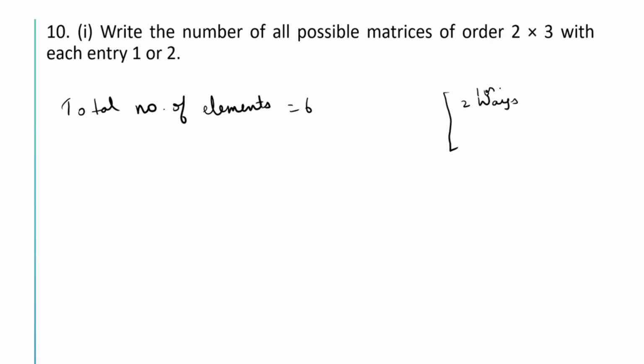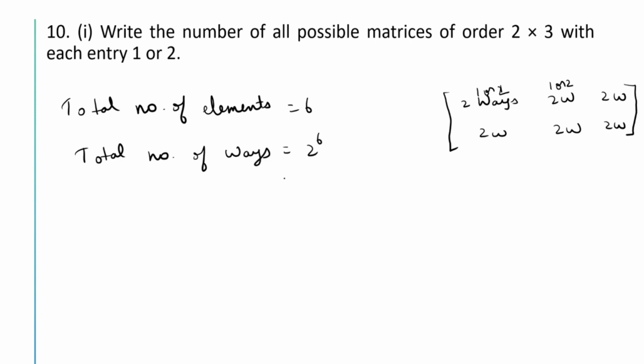Here it can be either 1 or 2, and here 2 ways, here 1 or 2. Here this element can be 1 or 2. Here also we have 2 ways. Here also we have 2 ways. So the total number of ways will be 2 raised to 6, or this is equal to 64 ways.